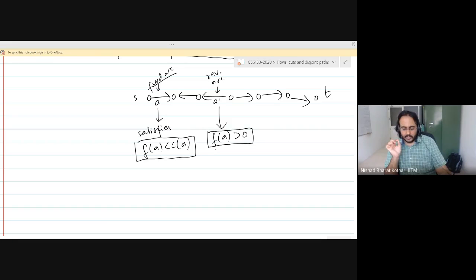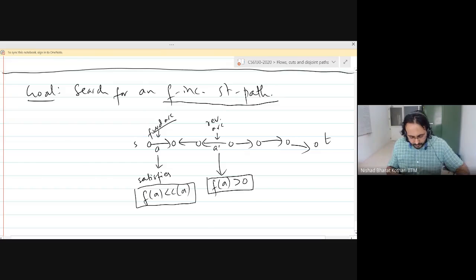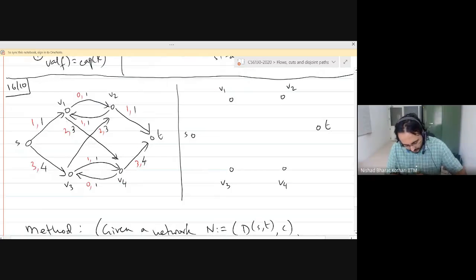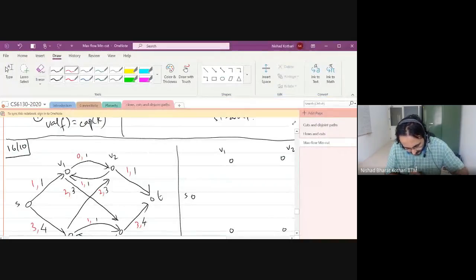So what we will do is we will use this information, the definition of an f incrementing st path, to construct a different directed graph. In this example, our flow is in red color.